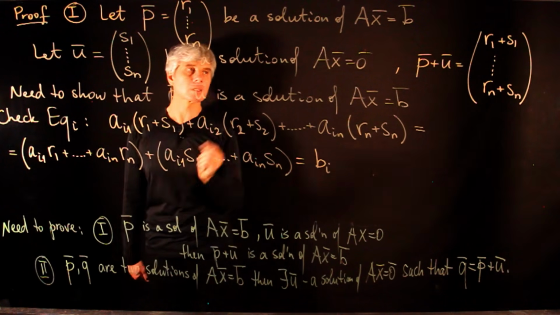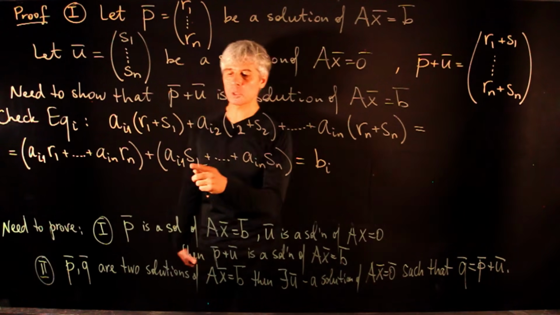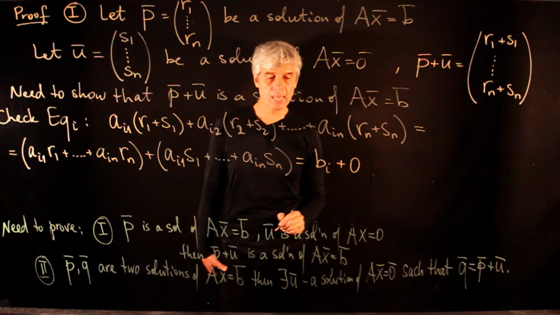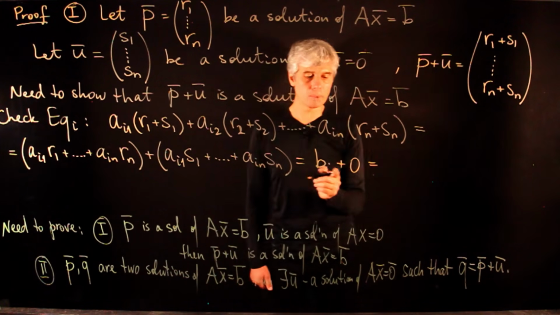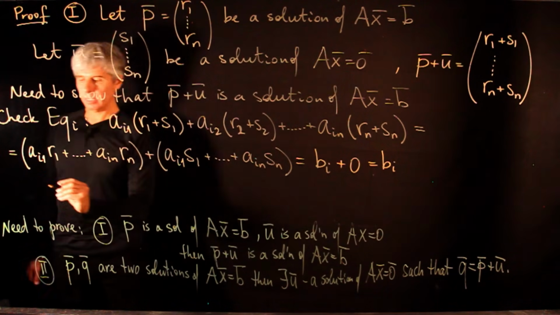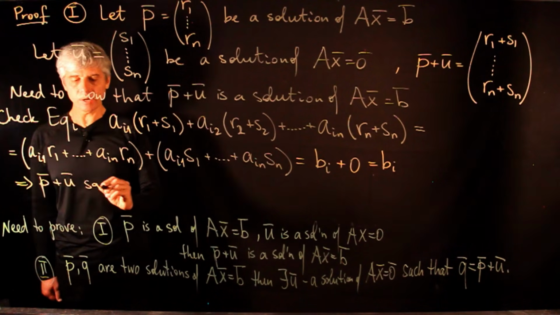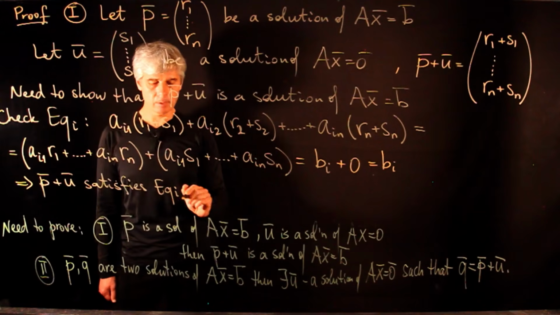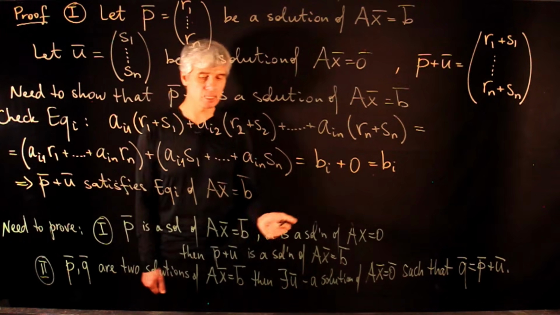But S's are a solution of AX equals 0, so when we substitute S's in the same equation, the result will be 0. Thus, this sum is equal to BI plus 0, so it's equal to BI. And so we see that P plus U satisfies equation number I of the system AX equals B. So we get BI in the right-hand side.